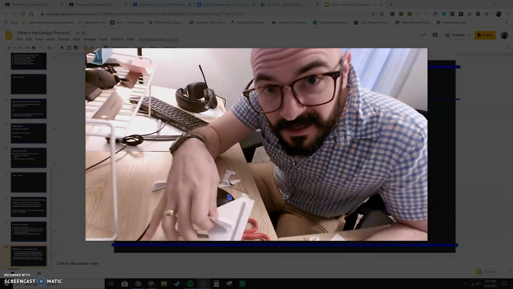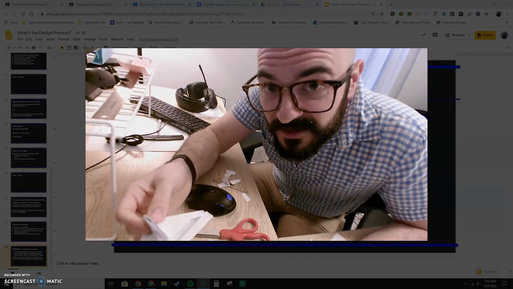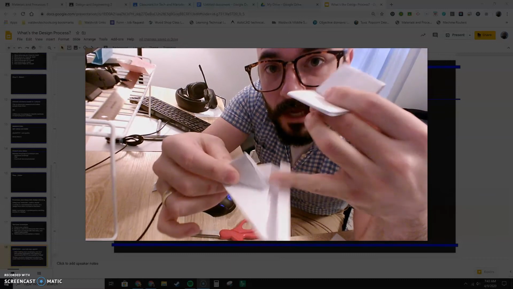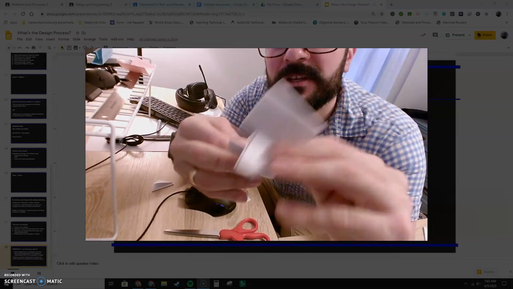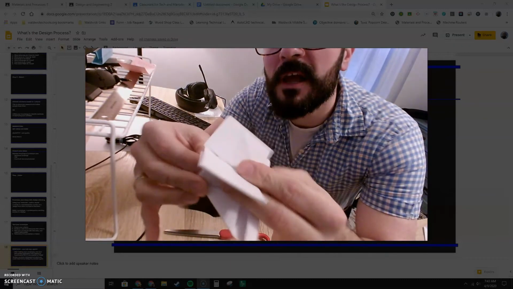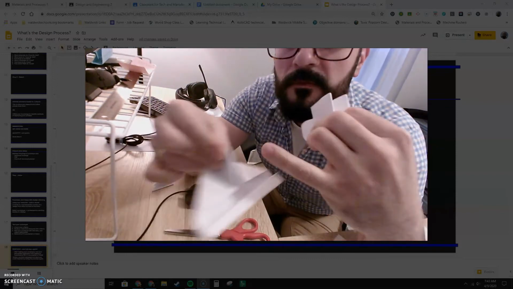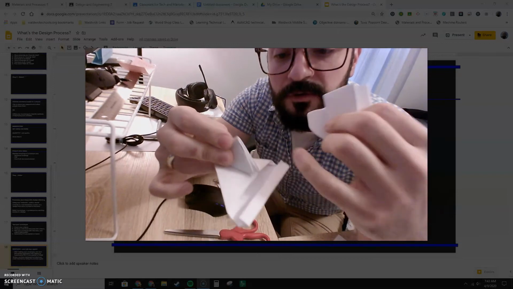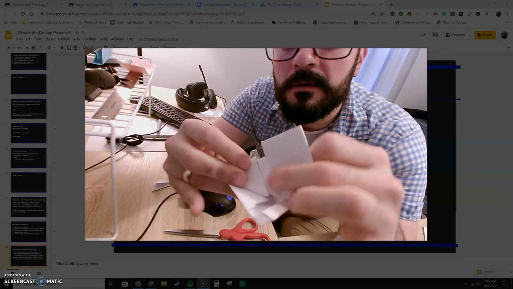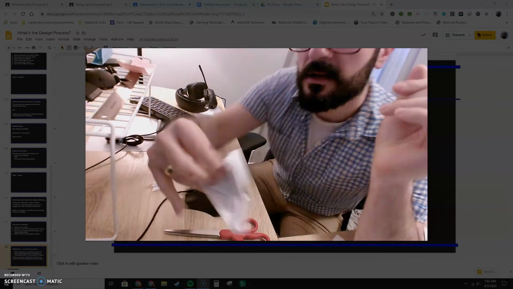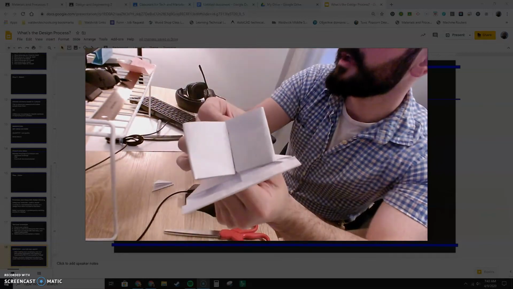Using the materials that I specified, just paper and scissors, I then cut my line at a 45 degree angle, and then I actually folded up my page and realized I would need to cut this back flap in order to fit into this smaller triangle. I then put it in, and this is my prototype. Nice and tight, and I have my prototype.